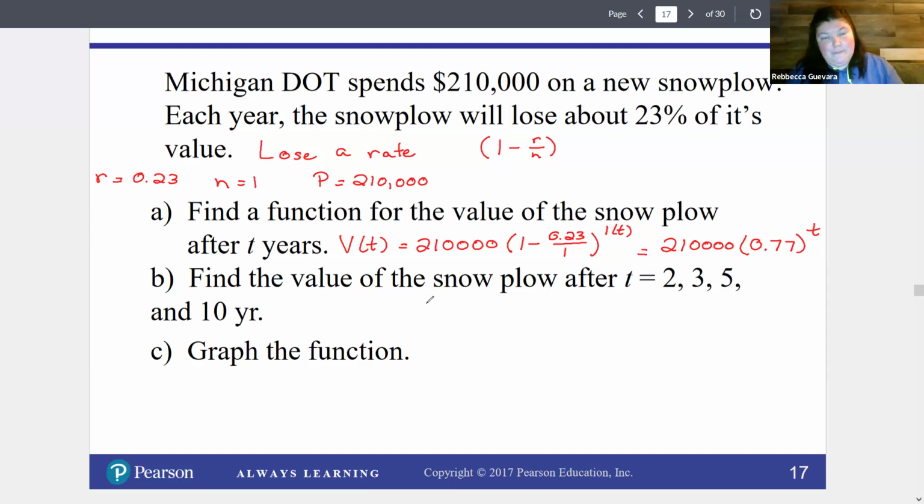So for B, we're going to see the value of the snowplow after 2 years, 3 years, 5 years, and 10 years.